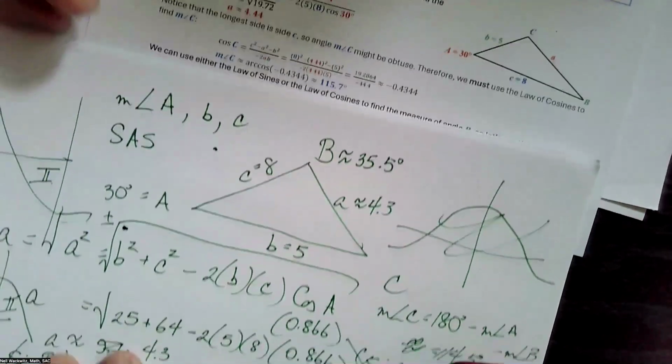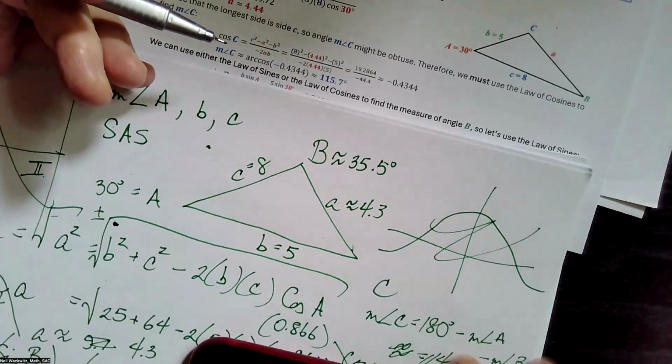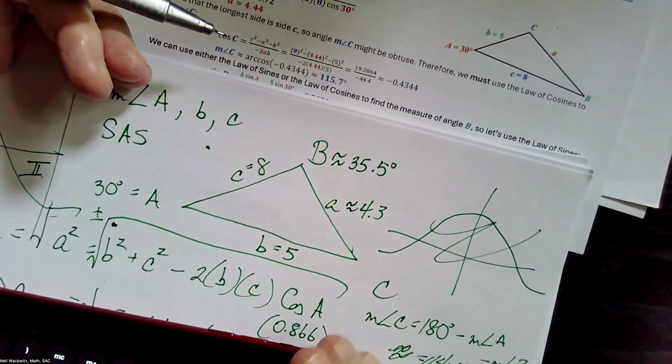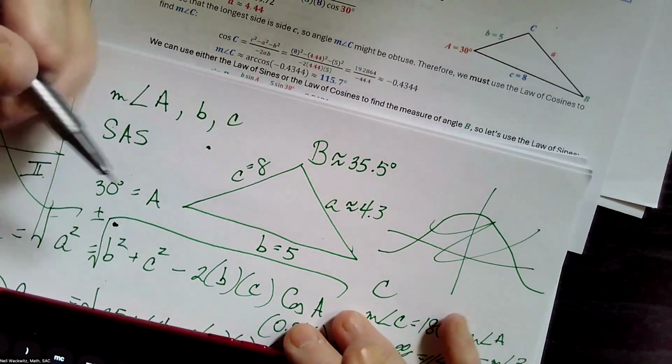So let's see. We have B plus C. So 64 plus 25, that's 89.